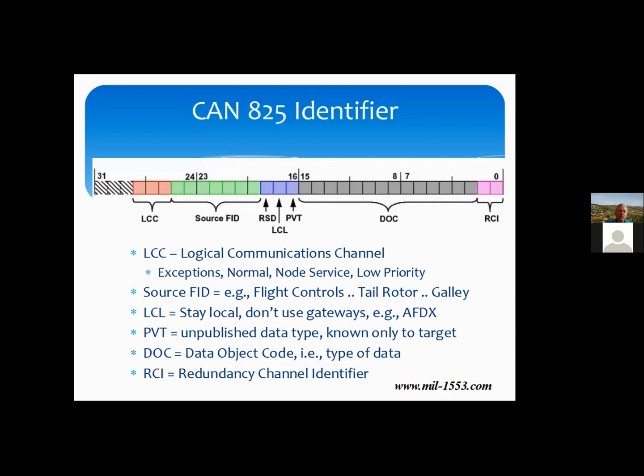And the last field is a redundancy channel identifier, 2 bits, which means that if you want to have dual redundancy on a CAN bus, the CAN bus itself tells you that it's a good idea to have it, and it gives you these 2 bits so that if you're sending data on 4 different buses, they know which one they are. Now, typically they're going to know anyway because they're physically attached to it. But it turns out that there are cases in which it's useful to have this information. So that's the CAN identifier, and that pretty much is most of what defines CAN bus.